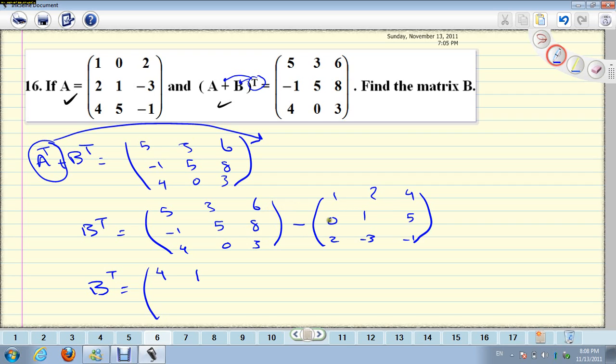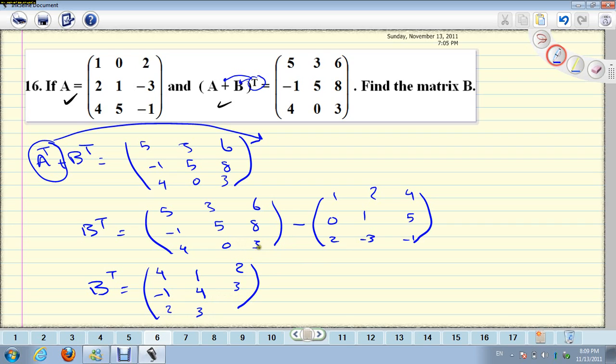Okay, 6 minus 4, it's 2, and -1 minus 0, it's -1. 5 minus 1, it's 4. 8 minus 5, 3. 4 minus 2, it's 2. 0 minus -3, the answer is 3.